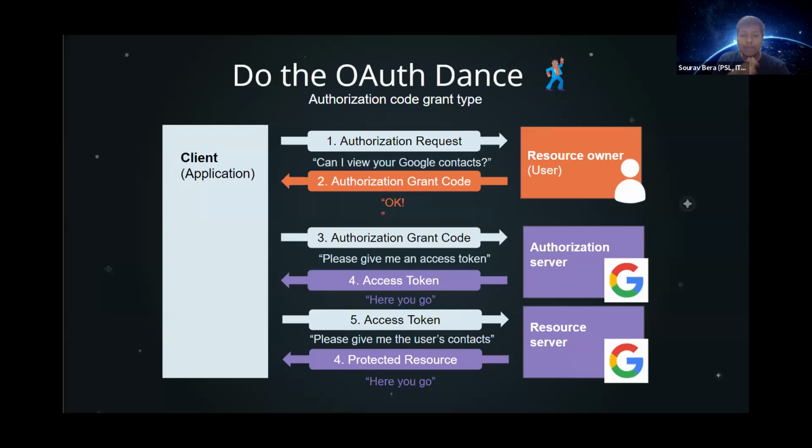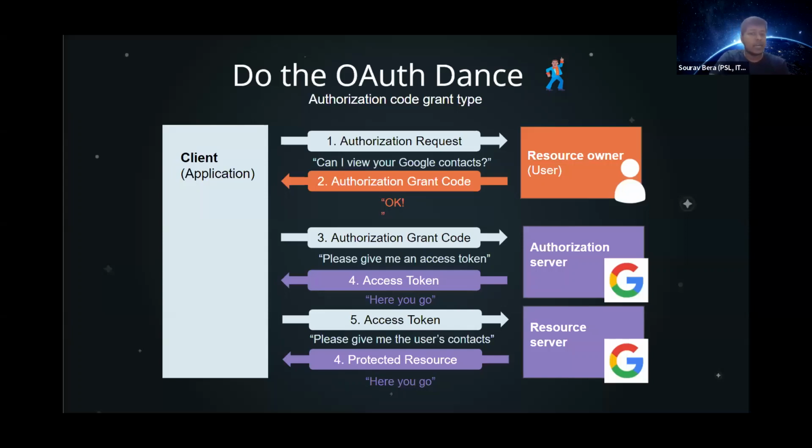Depending on the application type, here is a typical OAuth 2.0 flow for the common authorization code grant type. This grant type requires the application to make at least 3 requests in order to authorize requests. Let's say, for example, there is an address book application that needs access to a user's Google contacts.